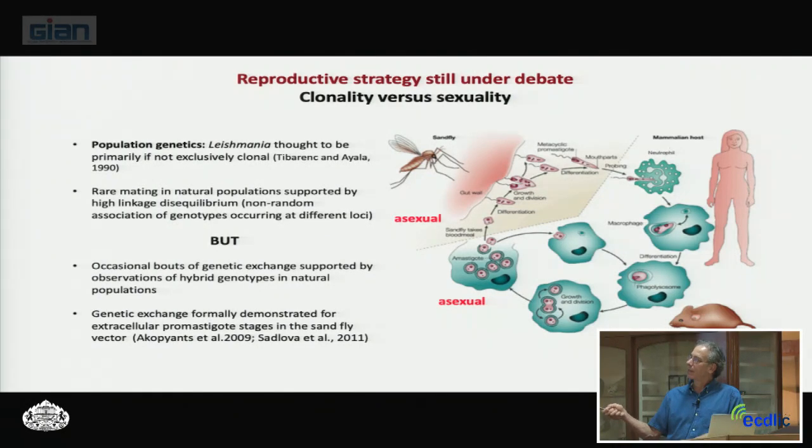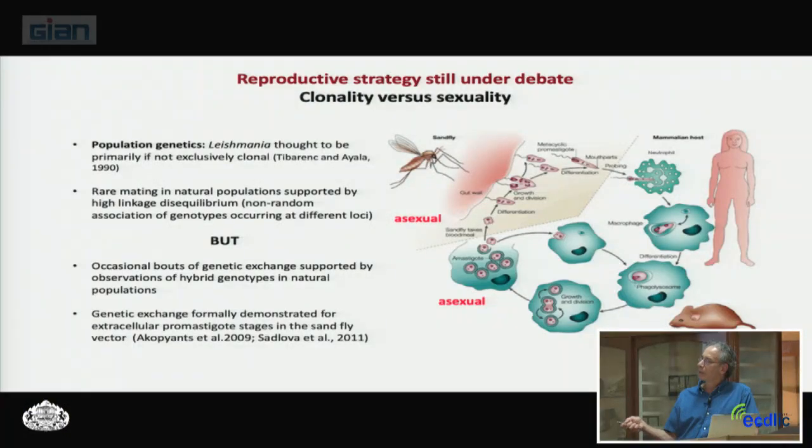By that we mean non-random association of genotypes occurring at different loci. Sexual populations that are intermixing normally have very low linkage disequilibrium.